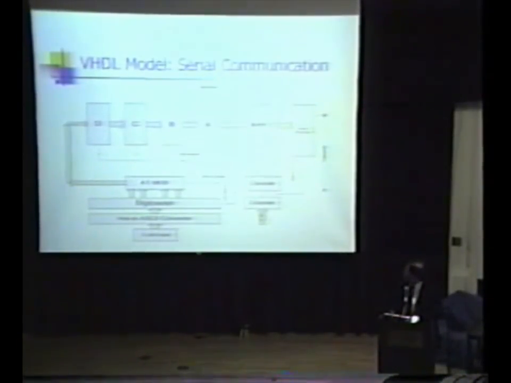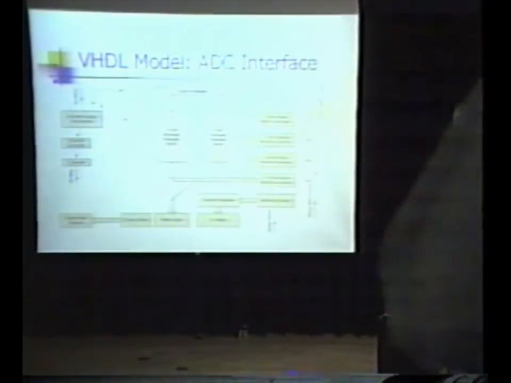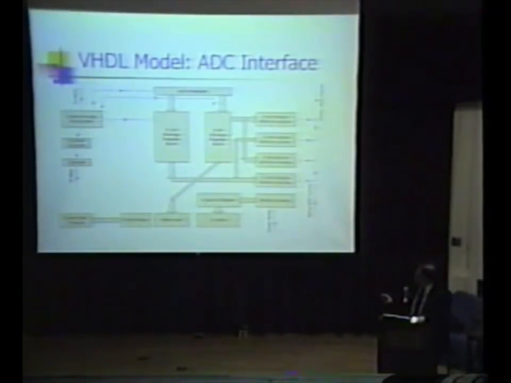Next is the ADC interface, which interfaces to the A to D converter. First thing that needs to be done is these control signals to the A to D converters need to be developed using counters and a control logic generator. Then all the inputs are taken in through here into storage banks where I can use them for other models.